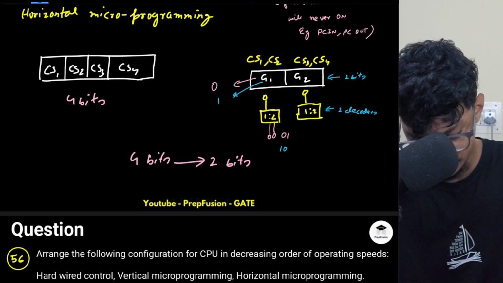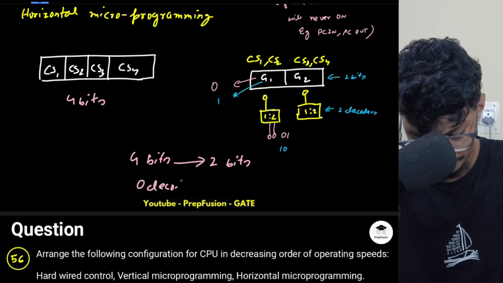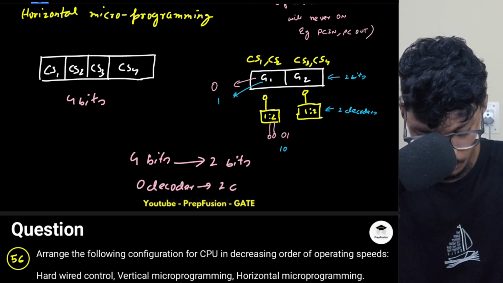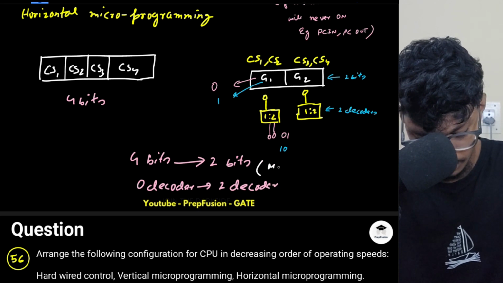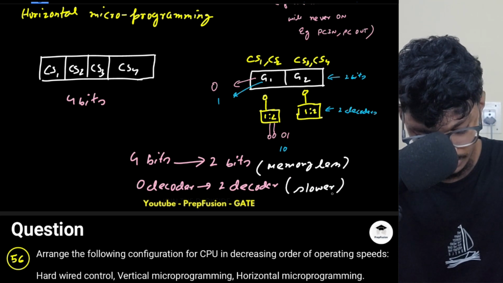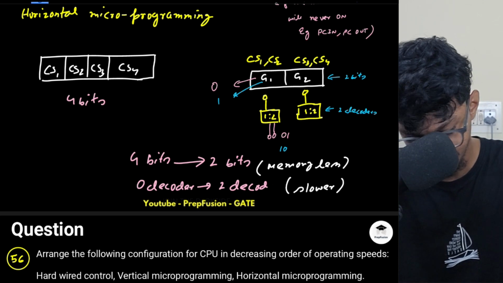The disadvantage is I need 1-to-2 decoders. So memory is less but it is slower, and I need to implement hardware logic. That is also a disadvantage of this particular thing.